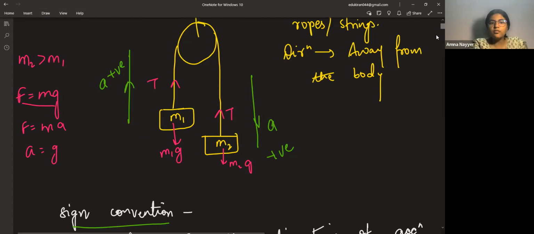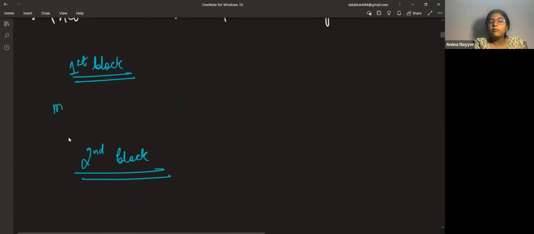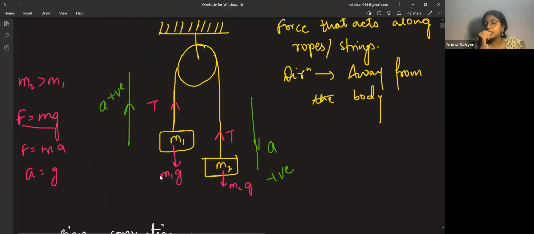What is the mass of body? m1. What is the acceleration? A. So what is the net force? Tension is also acting, m1g is also acting. Both forces are in opposite directions. So should it be T minus m1g or m1g minus T? Anyone?